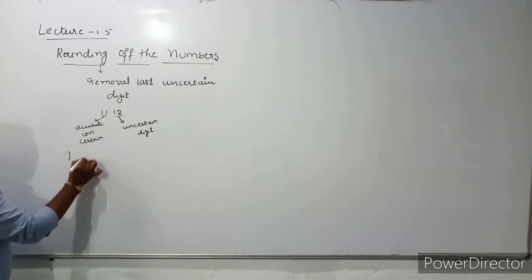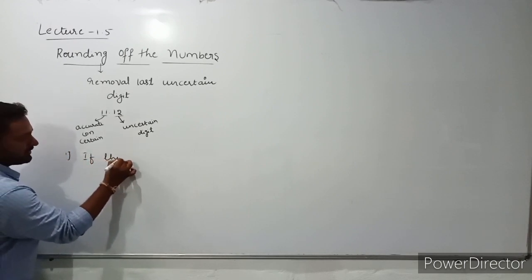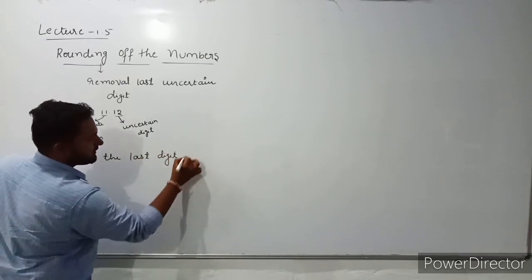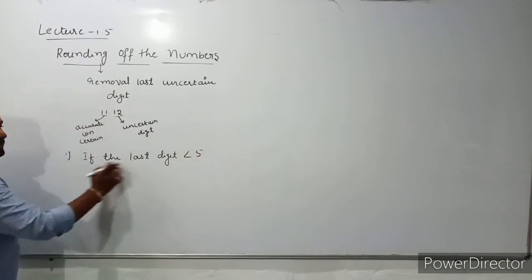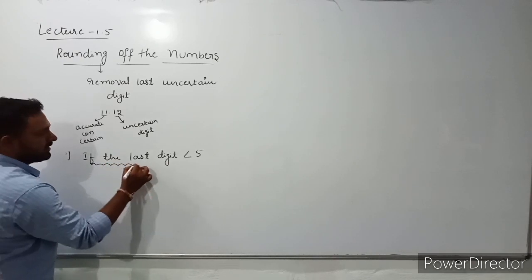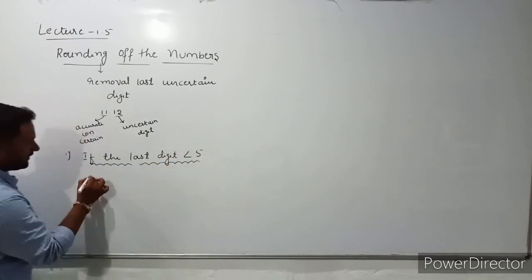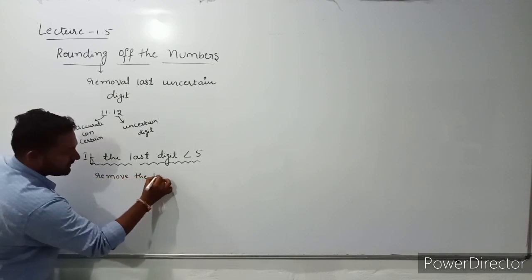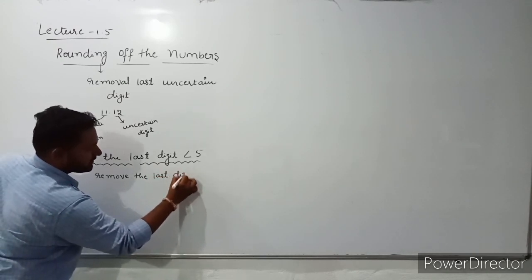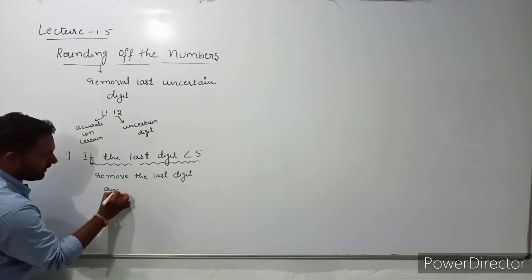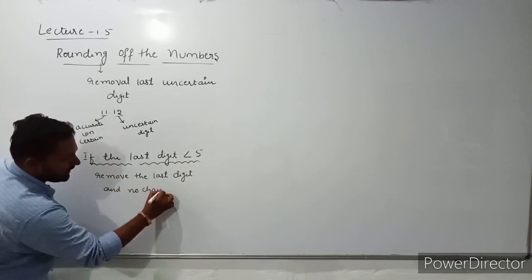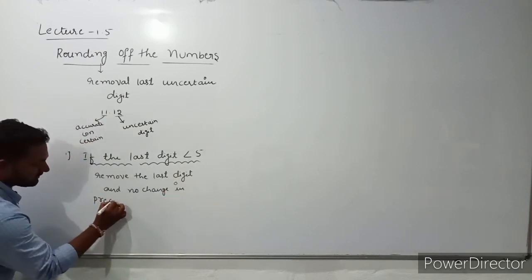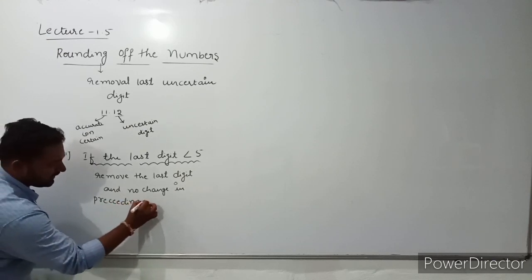The first rule: if the last digit is less than 5, then remove the last digit, and no change in preceding number.